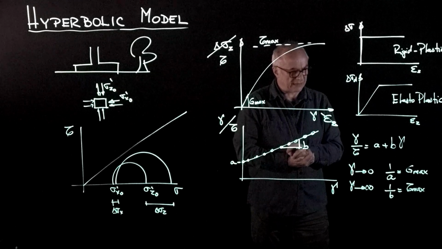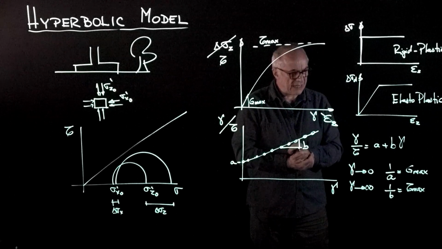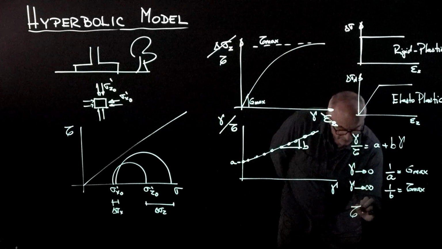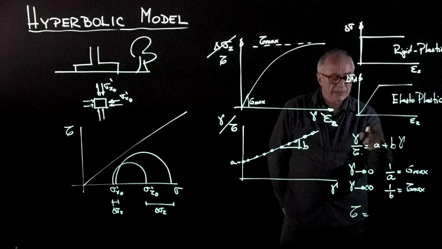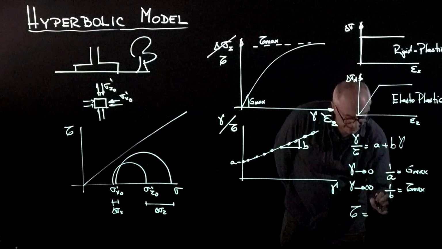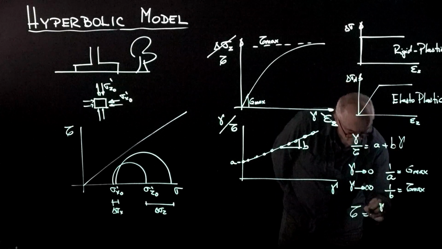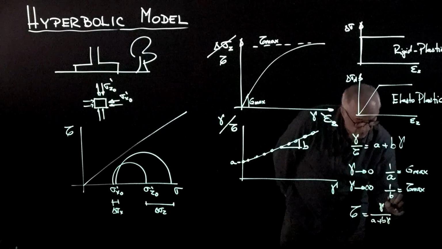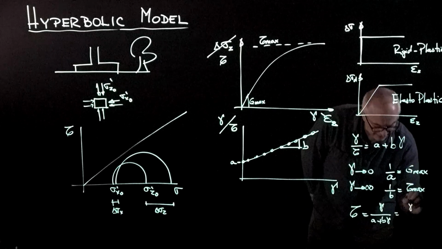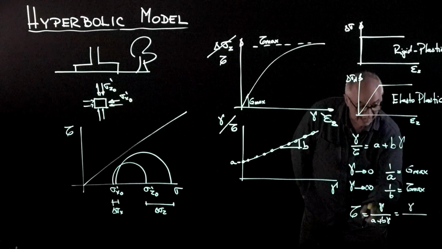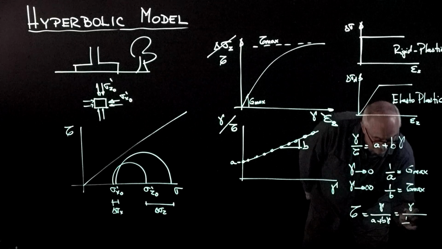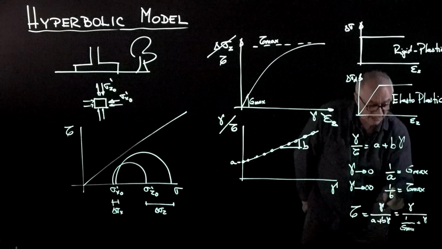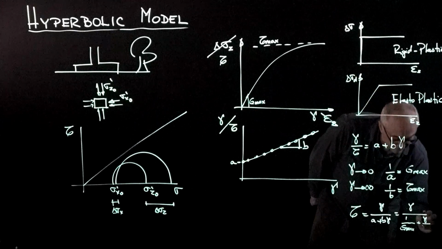Now we're all set. And what we can say is, we are going to flip this over, that tau is equal to gamma over A plus B gamma, which is equal to gamma over (A is 1 over Gmax) plus gamma over (B is 1 over tau max).